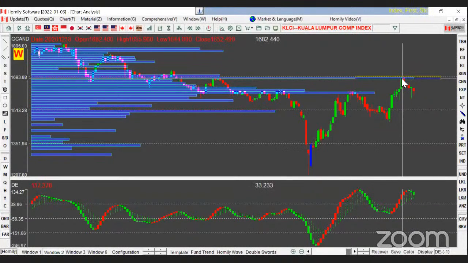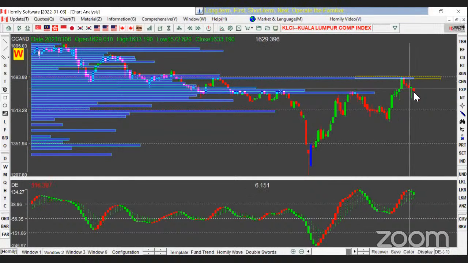So that level is around 1,680. That's the bottom. The top is 1,694. So it means roughly 1,700. 1,670. Okay, that's the strongest resistance, price unable to break up.